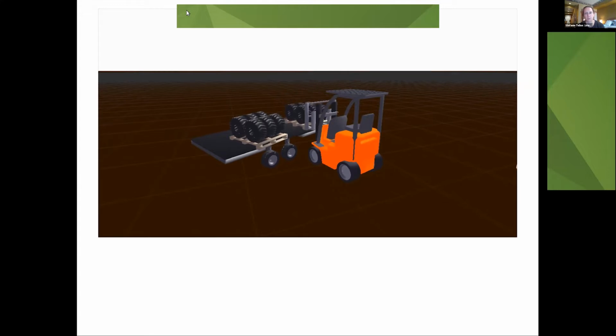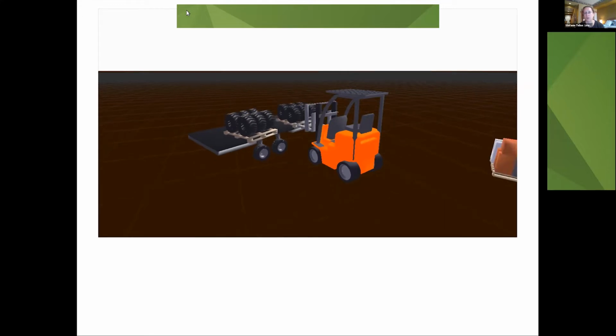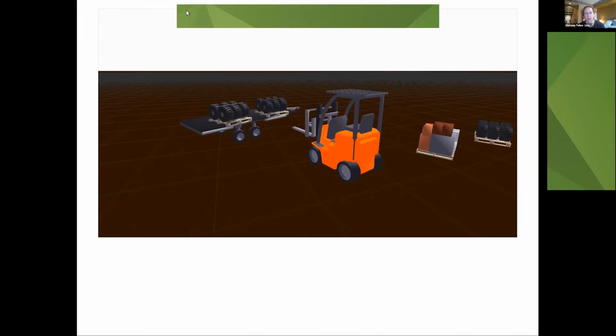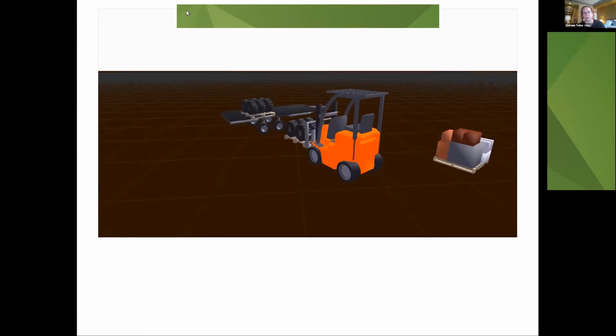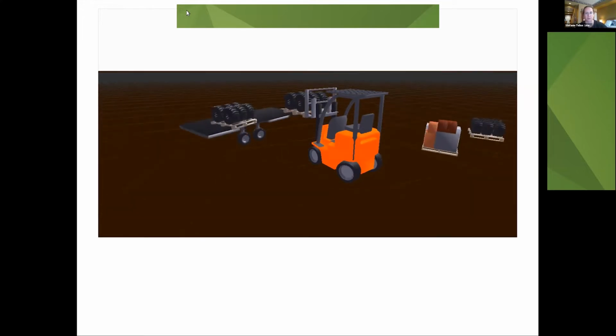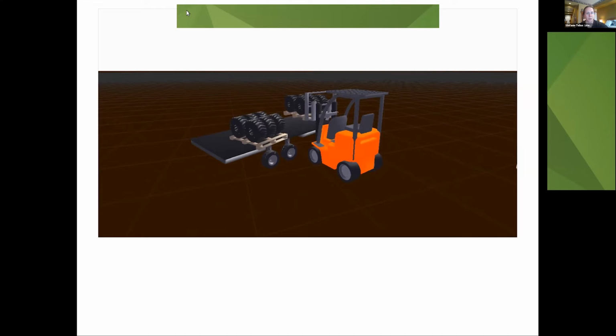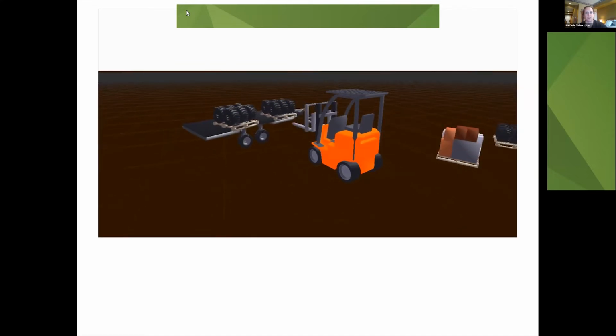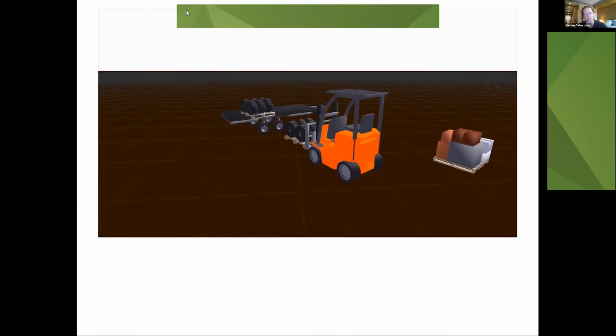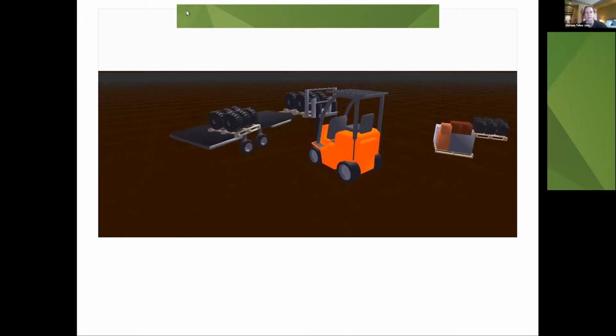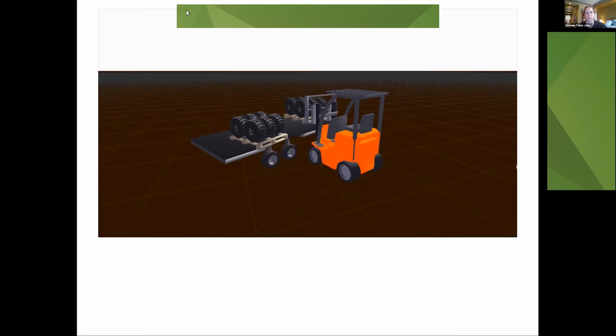This is showing the forklift doing a quick little action. And what we do, which underlies all of our data collection for all of our papers, is we show them some representation of what the robot's doing. And then we ask a person to say, how would you give a natural language command to this robot, as if you were talking to a person, to get them to do this action that you see here?